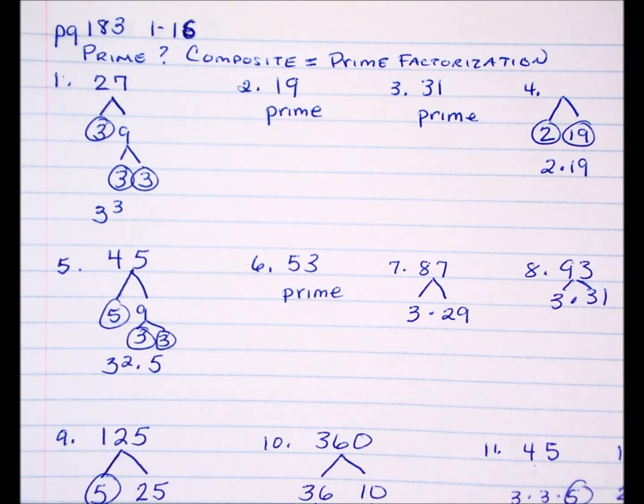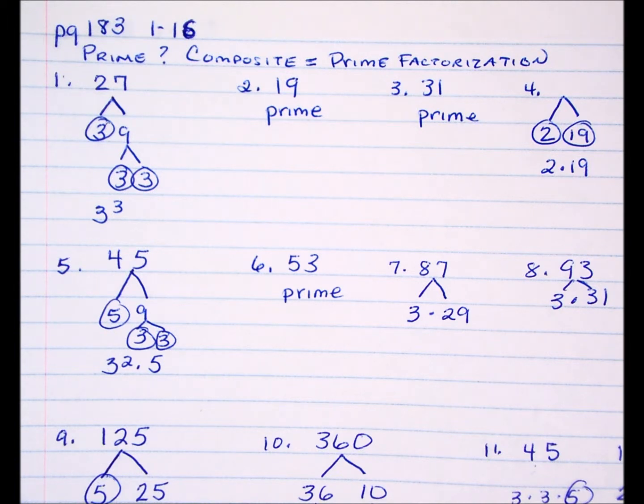Okay, now we're going to go back through the answers on 183, 1 through 16, and it took me 2 pages to get this done, so I'll be showing you a second page when I get down to the bottom. The first section asks you to figure out whether the number is prime or a composite, and if it's composite, to write its prime factorization. One of the things that's really important here is this is where you can use your divisibility rules.